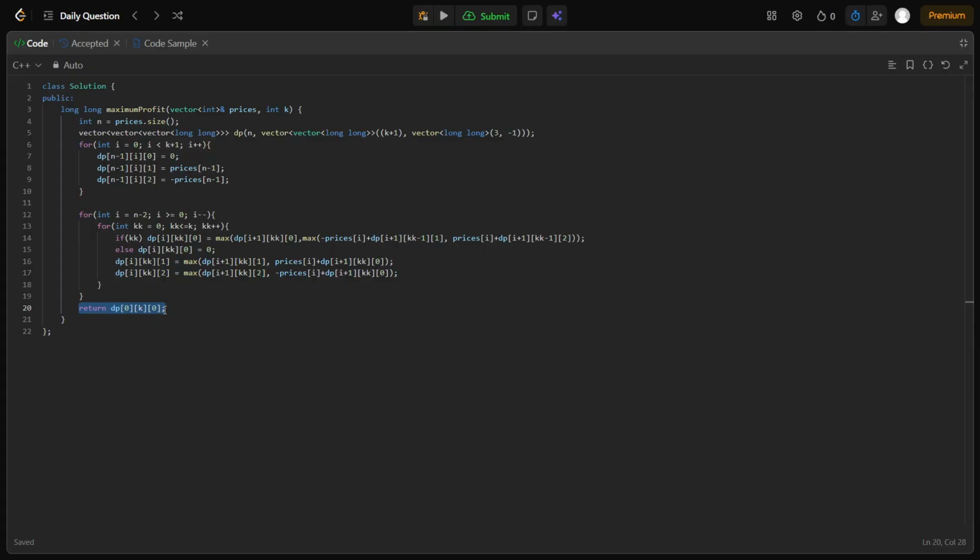And this is also an n into k approach. But as we can see that we don't need access to any other ith dp array other than the one which we calculated last. So here we are calculating I for I plus one, right?